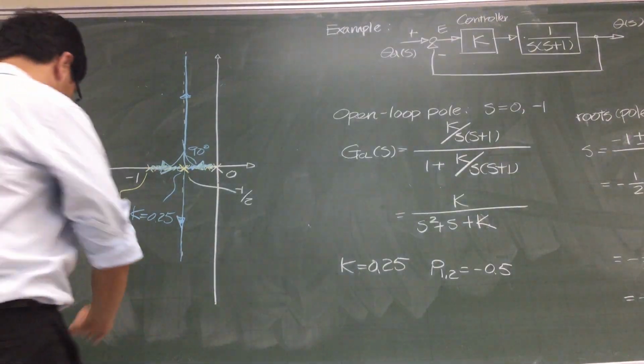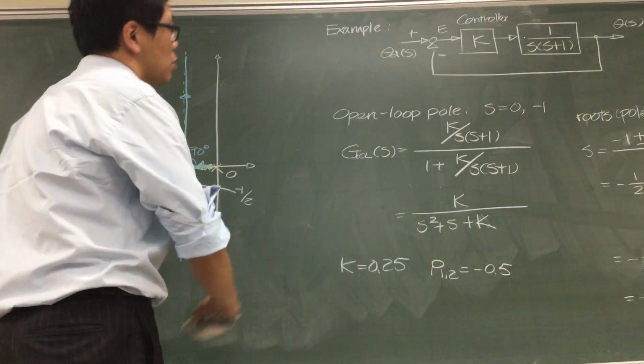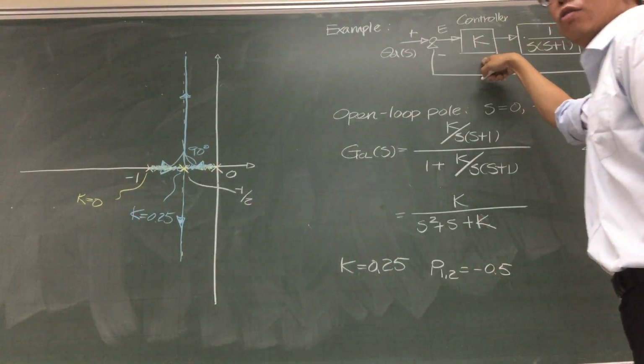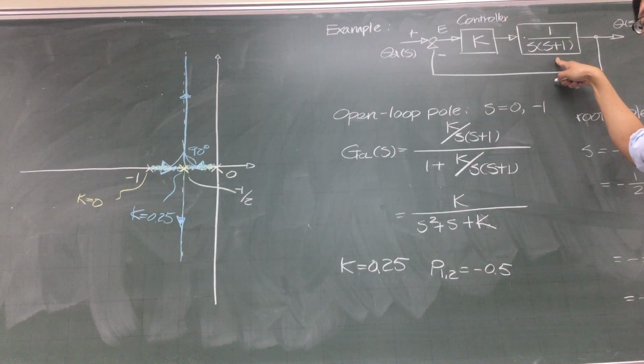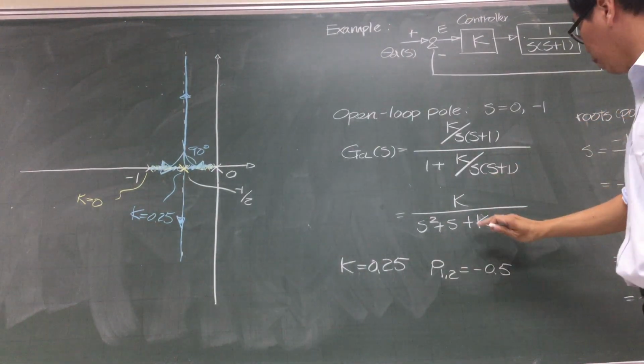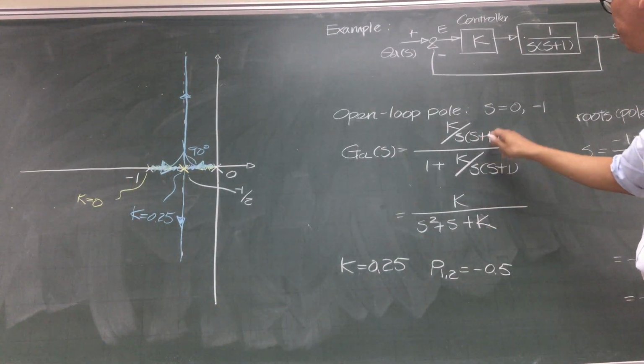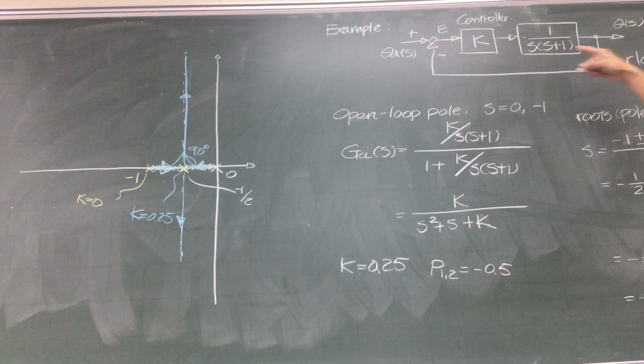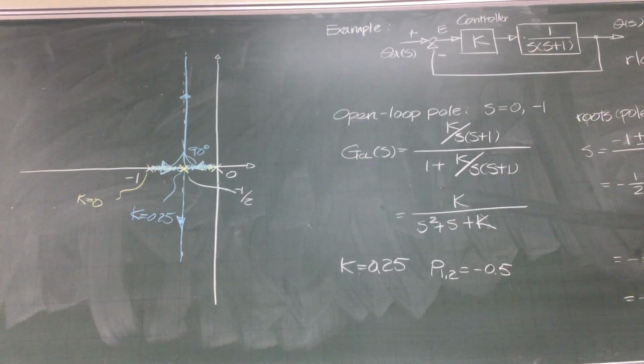So when we are doing the Locus, we are talking about the K effect on my closed loop, open loop system, right? So because we are talking about this part, when we are doing Locus, it's going to be rlocus.